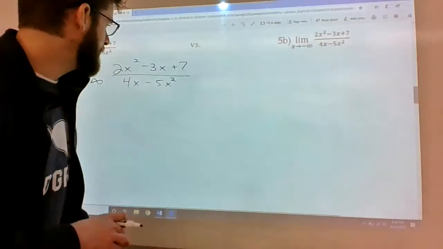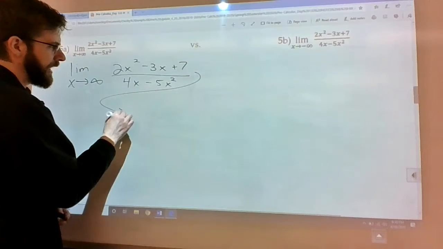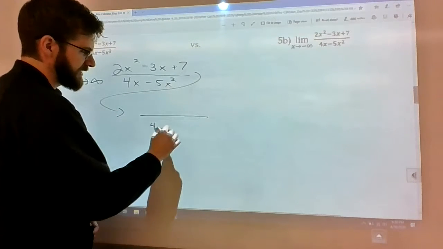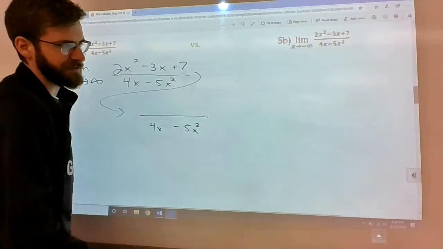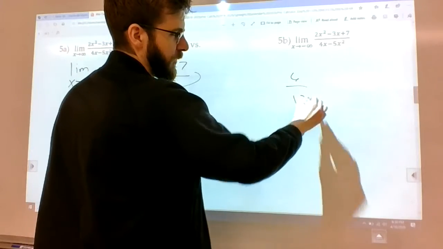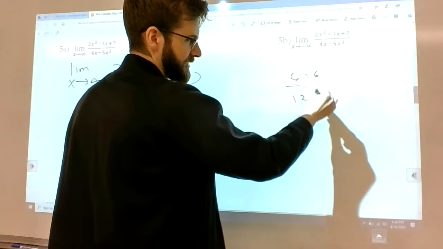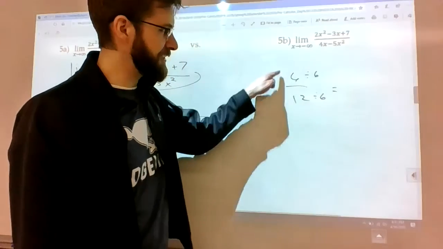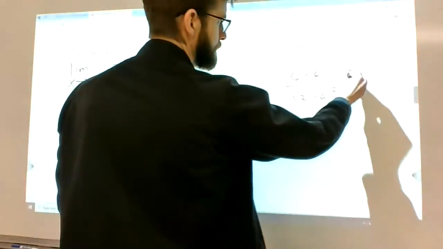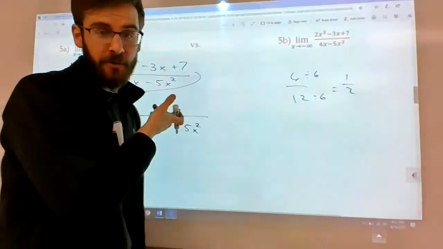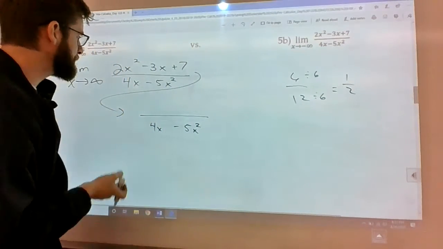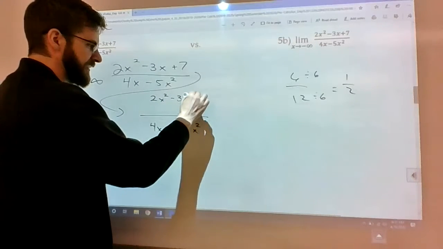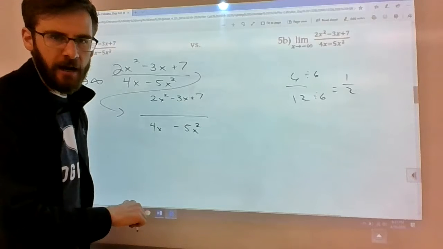Okay? So if we divided the top and bottom by that x squared here, it's kind of like if somebody says, hey, what's 6 over 12? And you're like, divide the top by 6, divide the bottom by 6. You're dividing by the biggest factor of 6 and 12 on the bottom. It's a half. I'm just doing the same thing with variables in this case. I'm saying, all right, I've got 2x squared minus 3x plus 7 on top. Let's divide everybody on top by x squared.